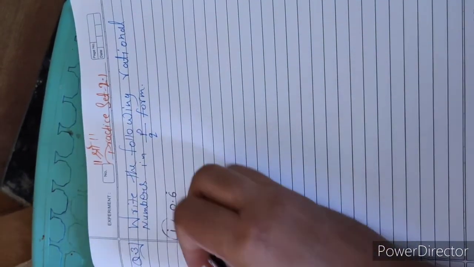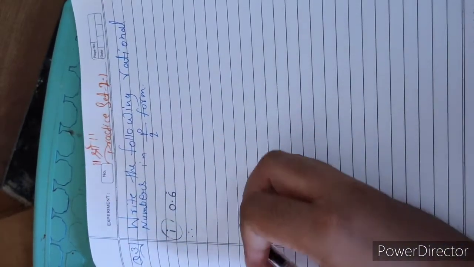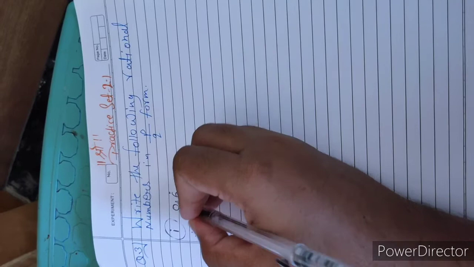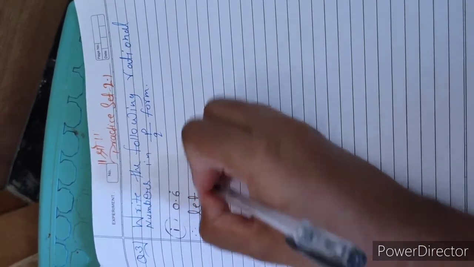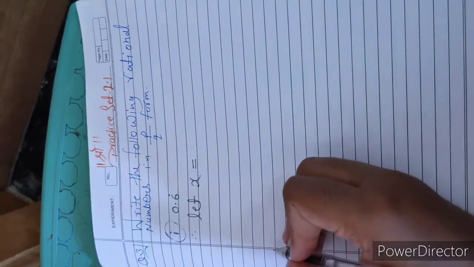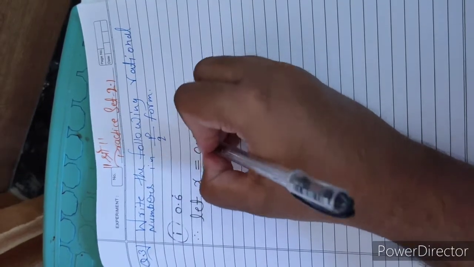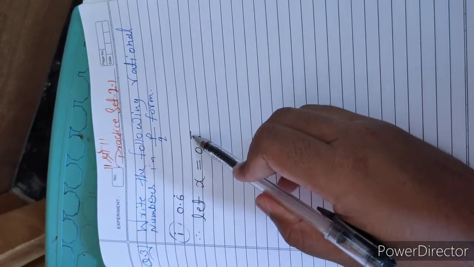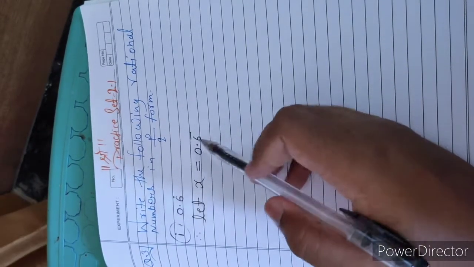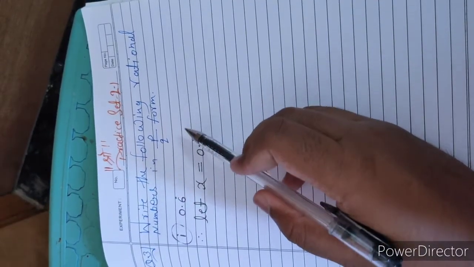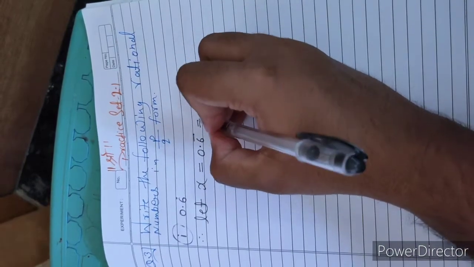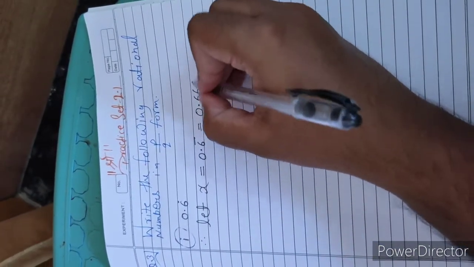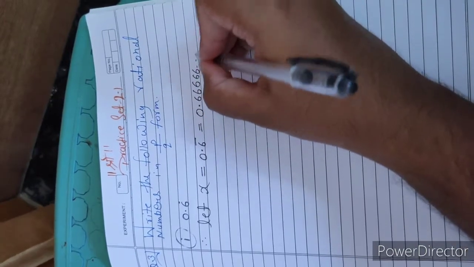First of all, we will assume it by x. So let x is equal to 0.6 bar. We can put it by this sign or this dot sign. 0.6 bar means that 6 is continuously repeating, 0.66666 and so on.